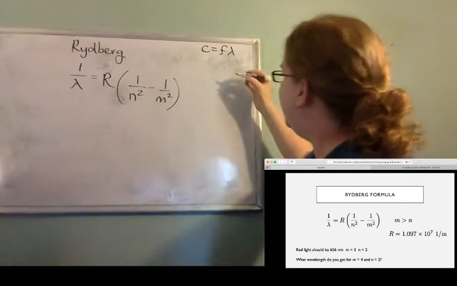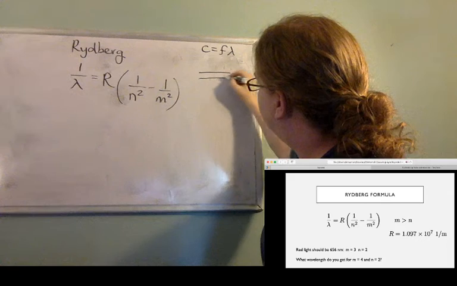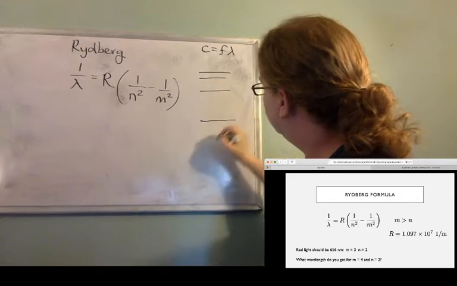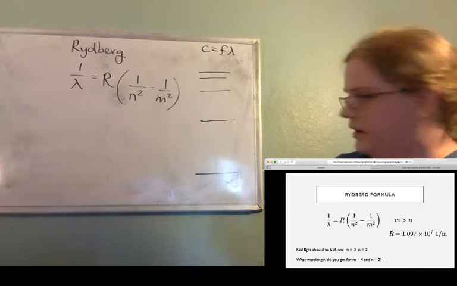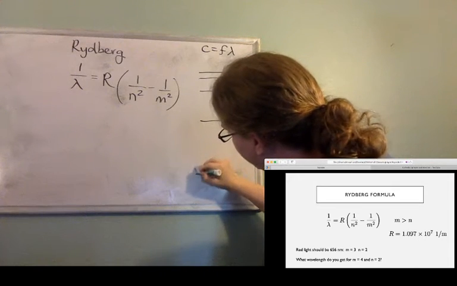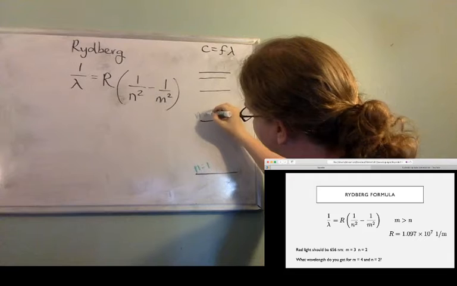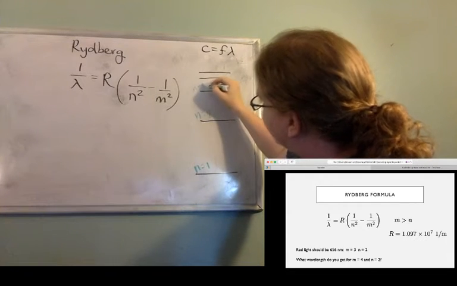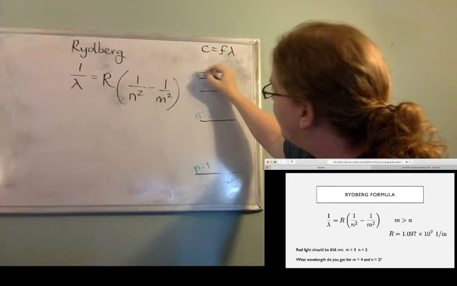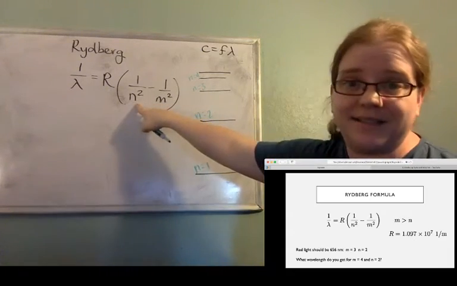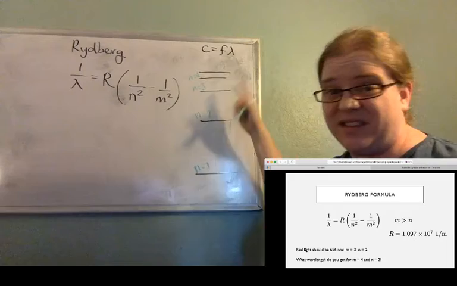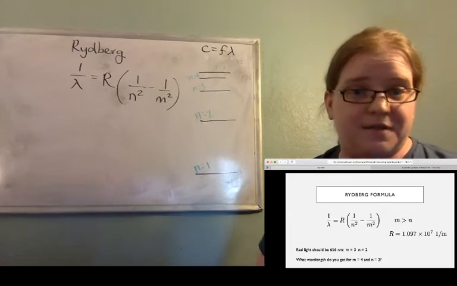So when I drew these before, I said this was n equals 1, n equals 2, n equals 3, maybe n equals 4, etc. And so you might be like, oh, I know what n is. M is going to be the same kind of thing. It could be any of these as well.